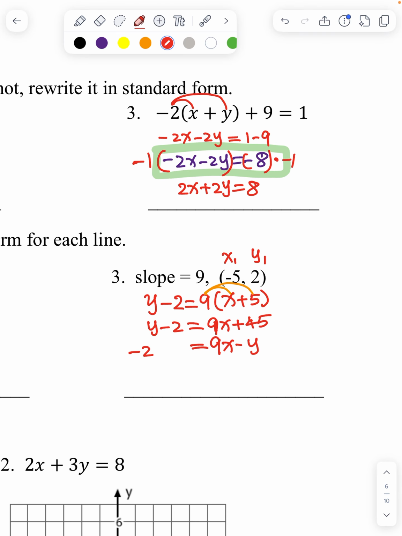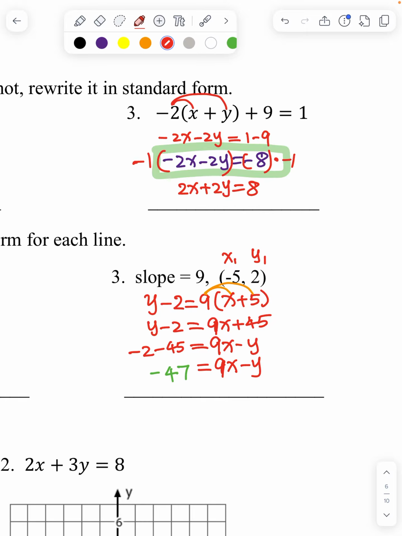Negative 2 is not moving, I copy it. And the positive 45 moves to the other side and becomes negative 45. Negative 45 and the negative 2, this becomes negative 47.